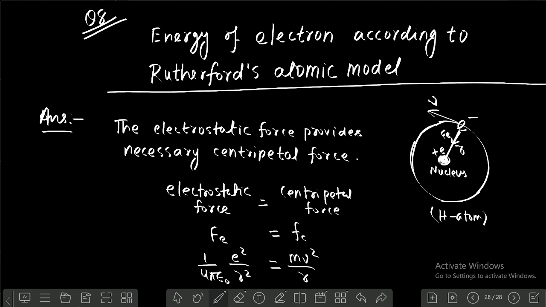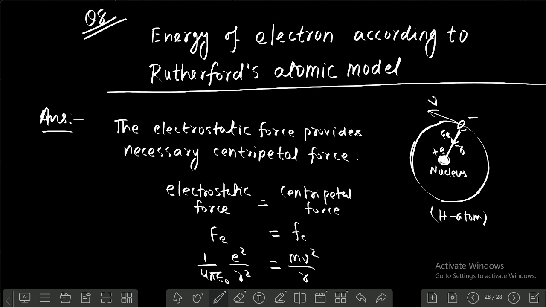Both have the same charge magnitude, so you take E square divided by R square, where distance is R. If a particle of mass m, the mass of the electron, moves in a circular path with velocity v, then centripetal force equals mv square by R. So 1 by 4 pi epsilon naught E square by R square equals mv square by R. Yes or no? So you write down.